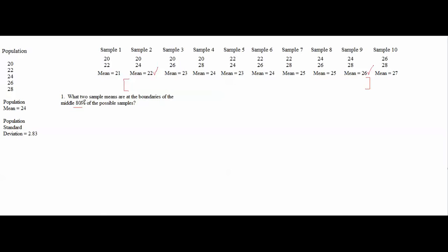Now if I had said 70% of the possible samples, well, 70% actually wouldn't work. 60% would work, because 60% of 10 is 6 out of 10. So you would just find the middle 6. And that would be 1, 2, 3, 4, 5, 6.